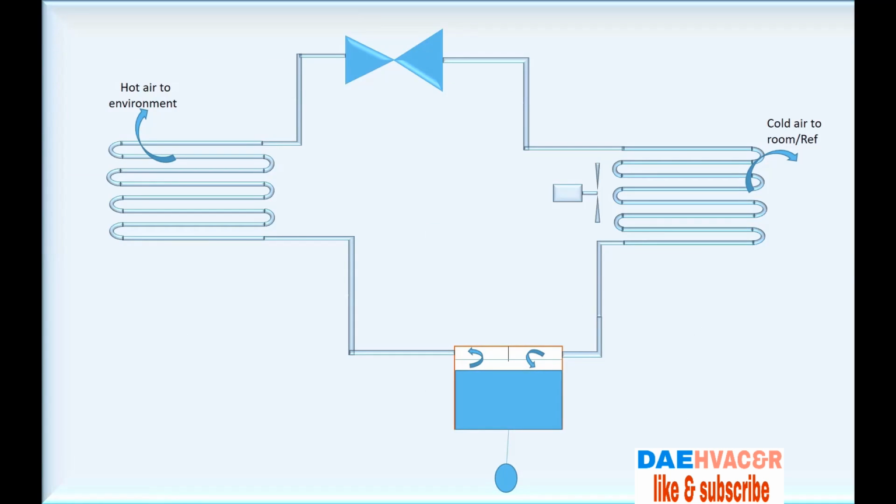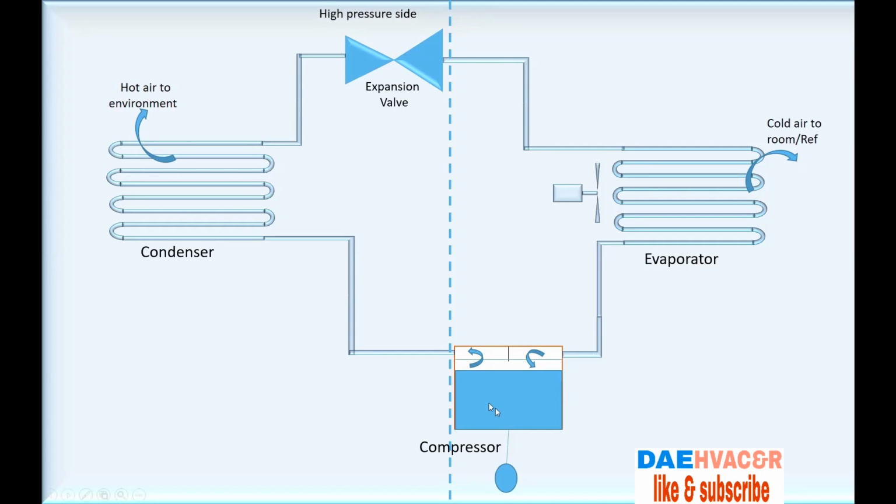This is our basic refrigeration cycle. This is the compressor, this is the condenser, this is the expansion valve, and this is the evaporator. Now dividing this cycle into two portions, this is the high pressure side, after the discharge of the compressor till the intake of the expansion valve.